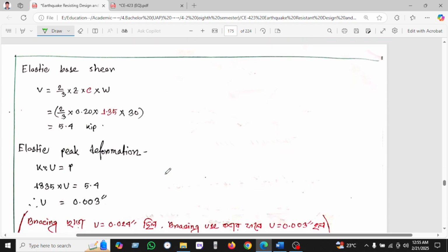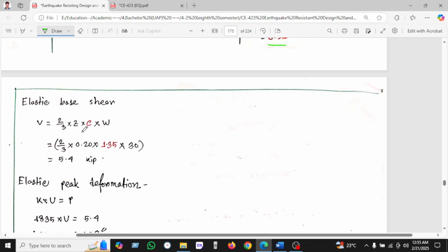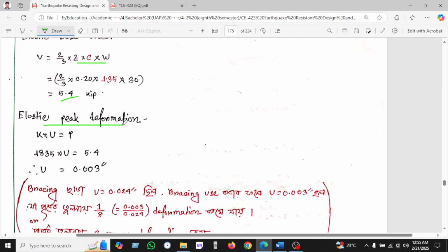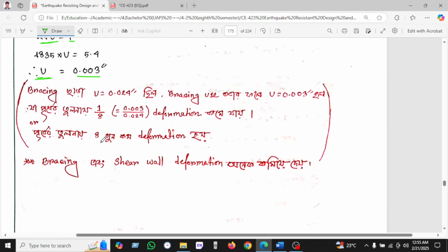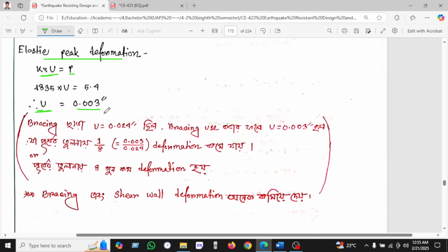That's why we use this value, but just the value of psi will be changed and found 1.35. So the elastic shear, 2 by 3 ZCW, we have found 5.4, and the elastic peak deformation: P equals K delta or KU, and delta or U deflection we have found 0.0. So we can see without bracing the deflection was 0.024. When using the bracing, the deflection will be 0.04.